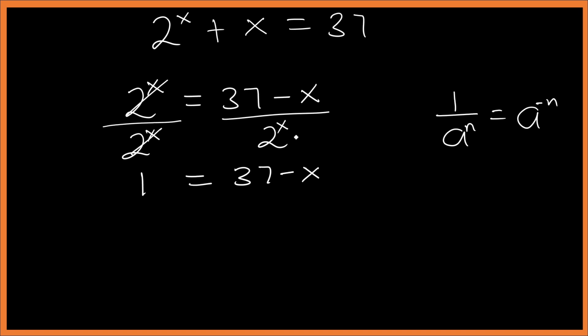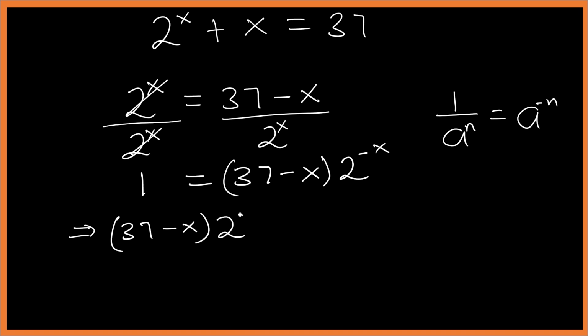So this one is the same as 37 minus x times 2 to the power minus x. Okay, so let me write this one on my left. So 37 minus x, 2 raised to minus x equals 1.